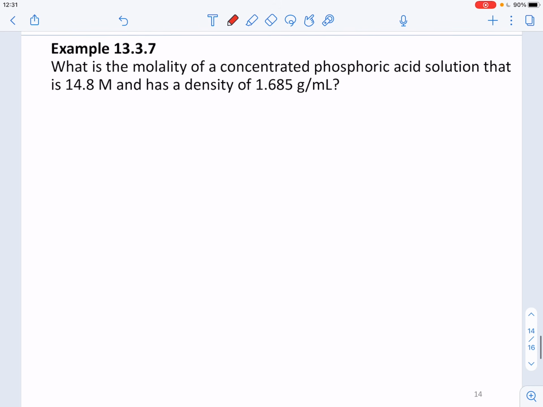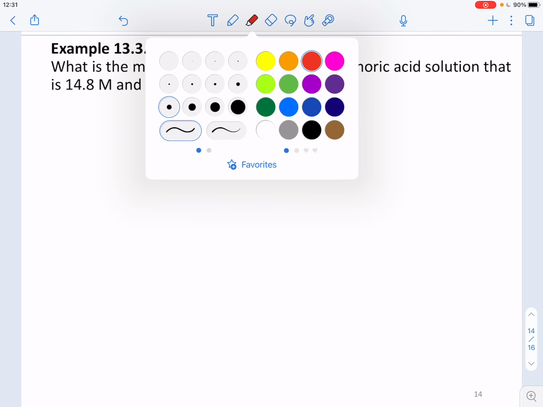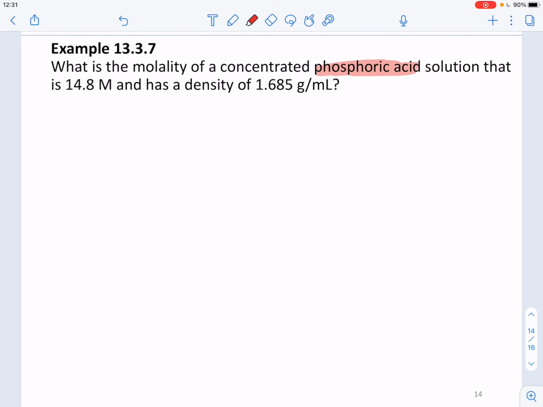Now in this case, we also want to know the molality of the solution, but we have the molarity, not the mole fraction. So how do we address this? We have the molarity, we need to know the number of moles of solute. So how about we determine how much phosphoric acid we have in that molar solution?